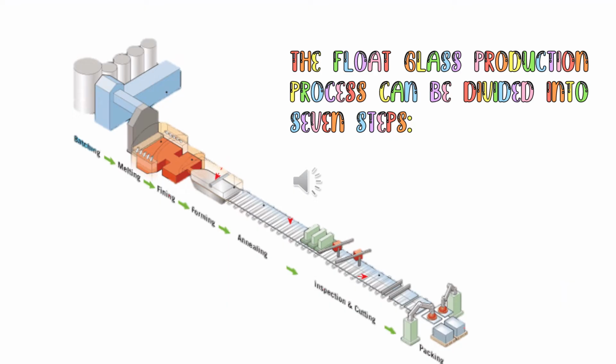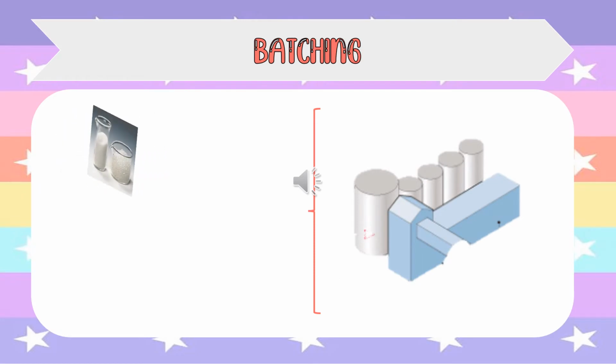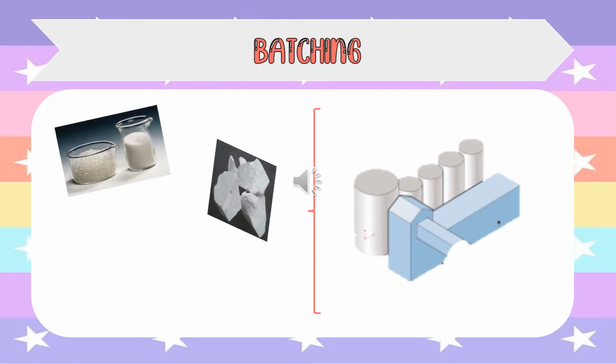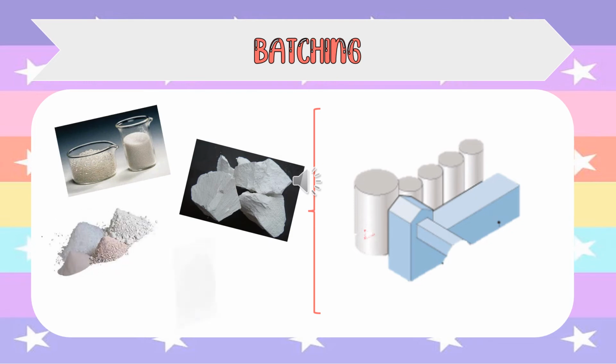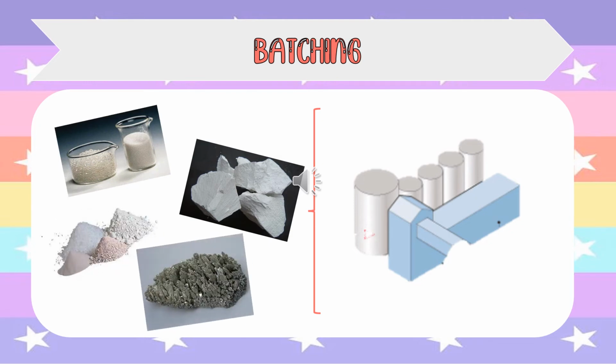The float glass production process can be divided into 7 steps. Batching of raw materials. The main components are soda lime glass, silica sand, calcium oxide, sodium and magnesium, which are weighed and mixed into batches to which recycled glass cullet is added.